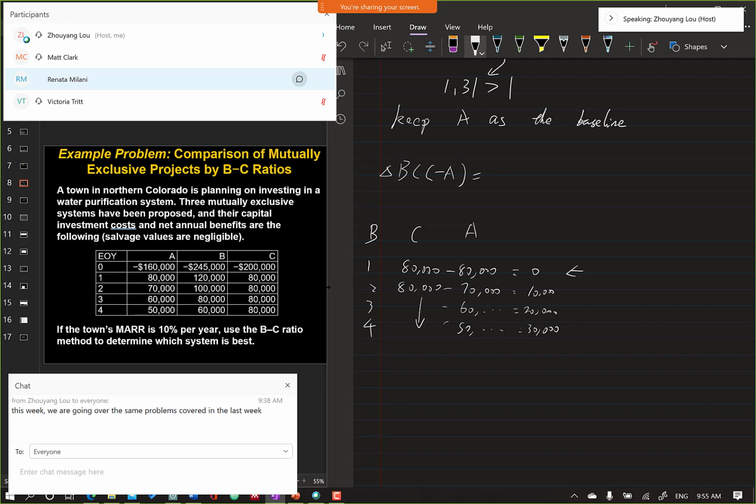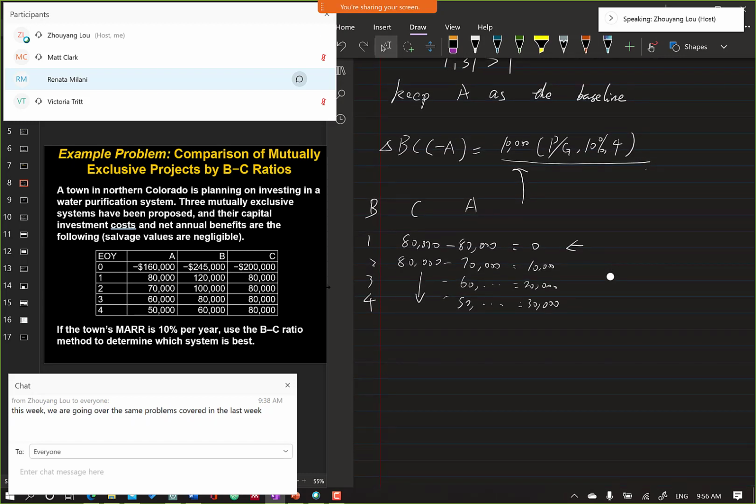So that's why we can find the formula, find the present worth given the uniform gradient. So 10% for 4 years, and the uniform gradient would be 10,000 per year, and that gives us the delta benefit part.